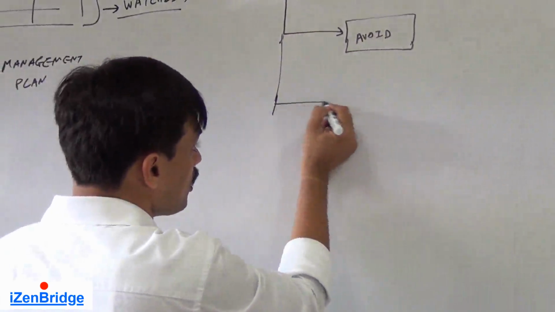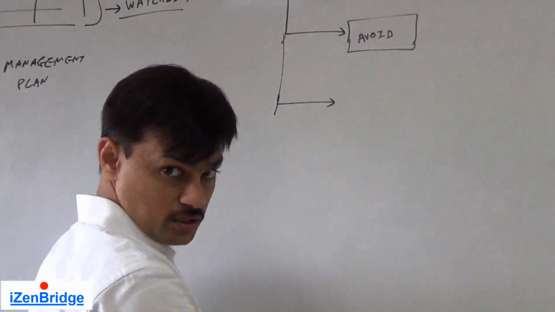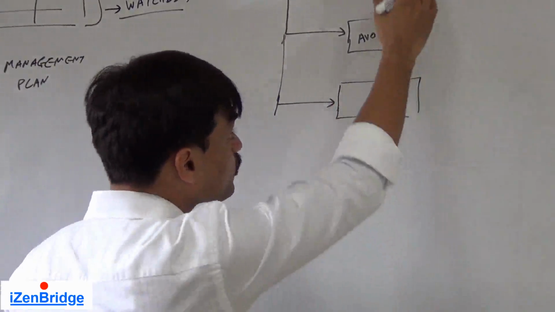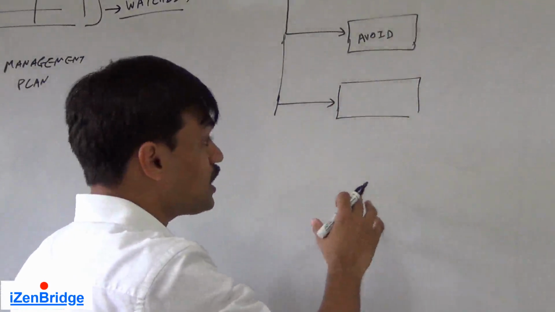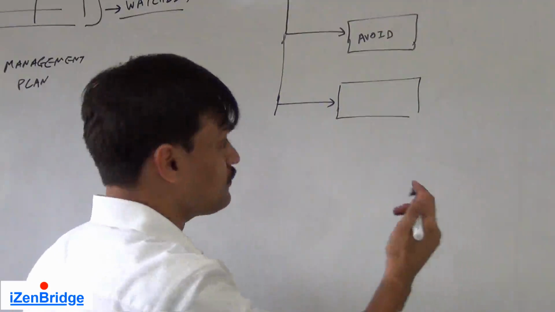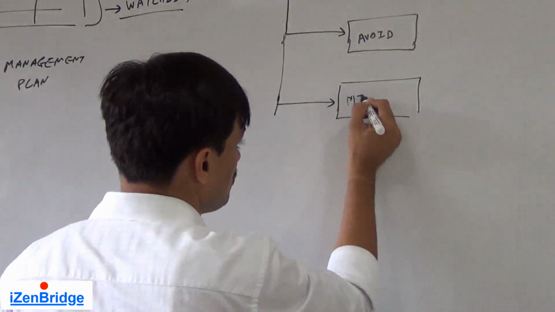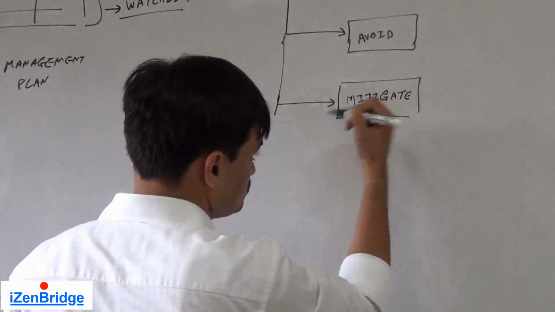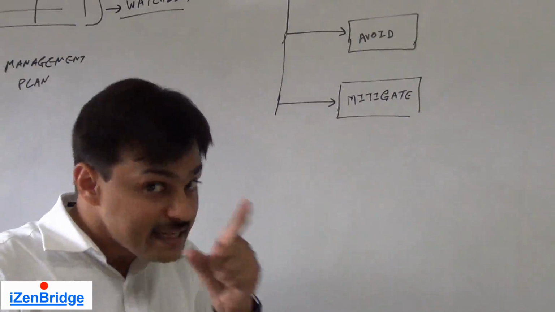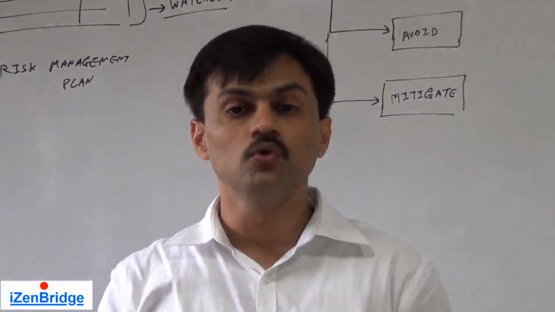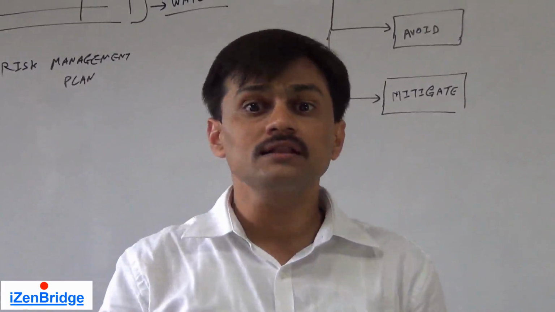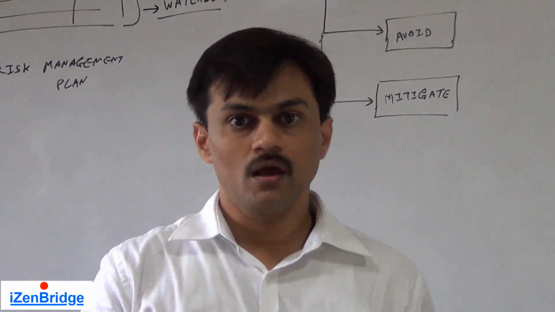The risks which cannot be avoided, we may try to use another response. Here we are talking about negative risk. So another possible response for a negative risk could be mitigate. While mitigating, we try to reduce the likelihood of the risk or the impact of the risk.